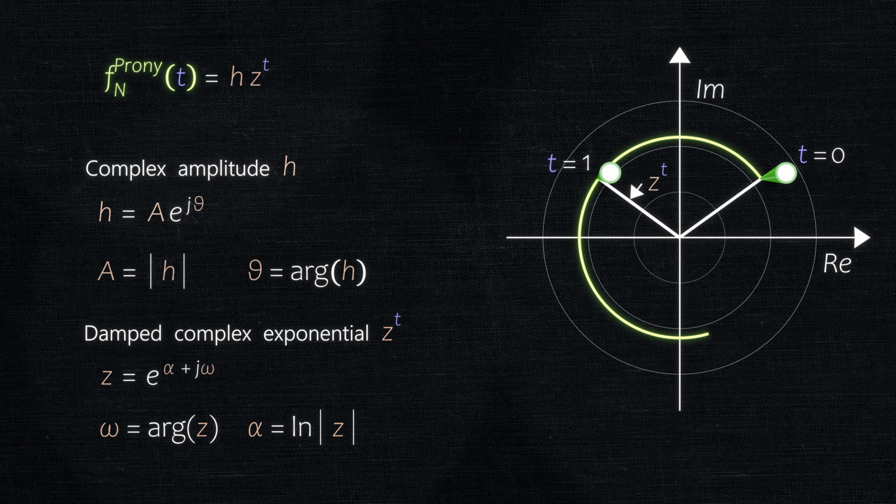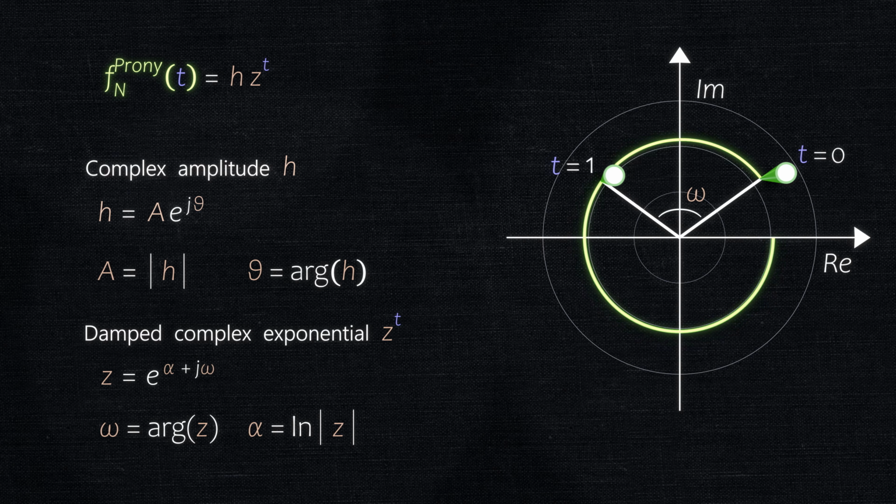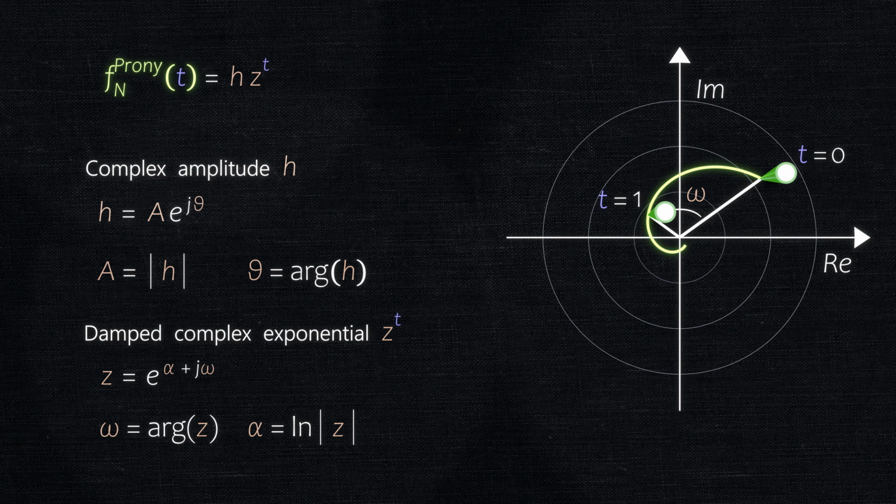The angular frequency omega can be thought of as the rotational angle when t has changed from 0 to 1. If alpha equals 0, no damping or amplification occurs, and z just rotates h around the origin. For negative alpha, amplitude exponentially decreases, and for positive alpha, exponentially increases.